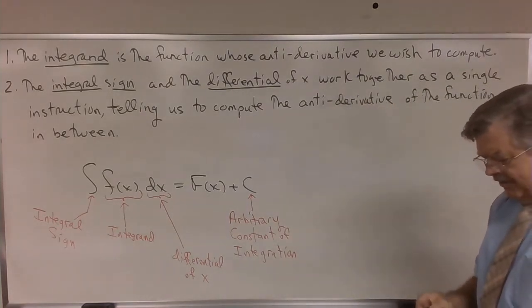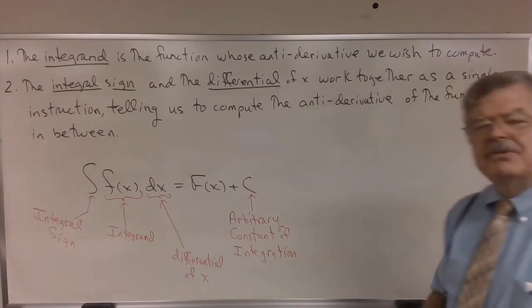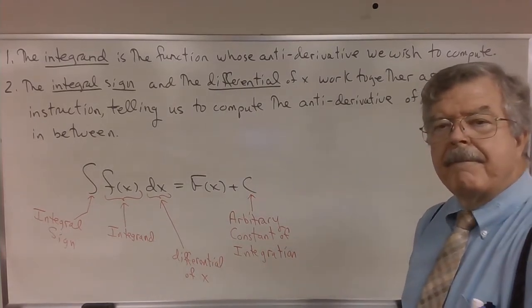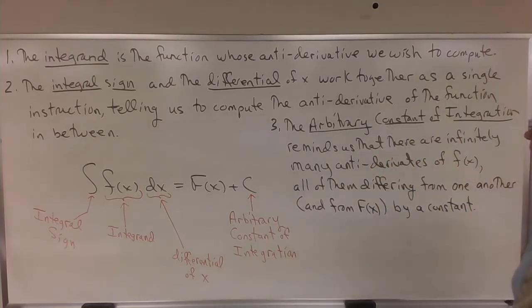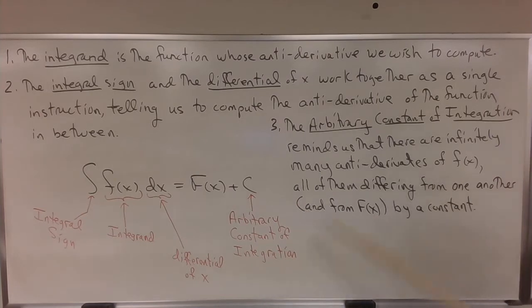Now, there's one more thing that I haven't identified or commented on, and I'll do that right now. The arbitrary constant of integration. The arbitrary constant of integration reminds us that there are infinitely many antiderivatives of the function little f of x, all of them differing from one another and from capital F of x by a constant.